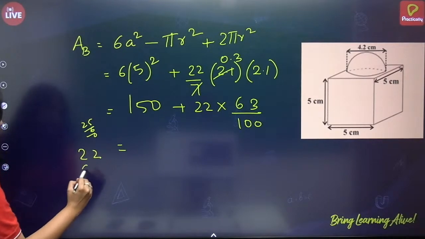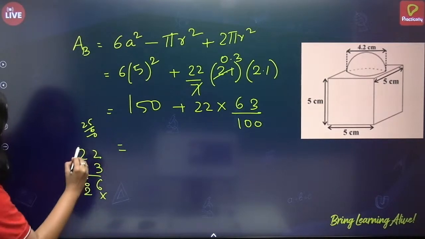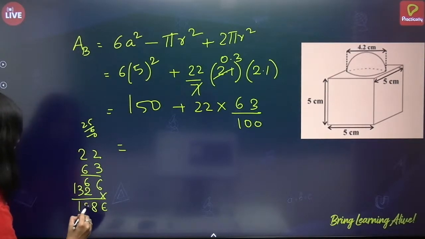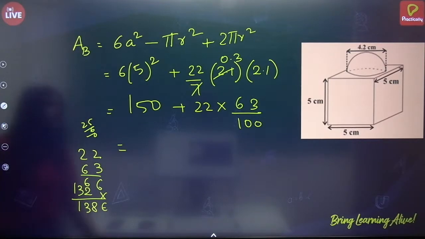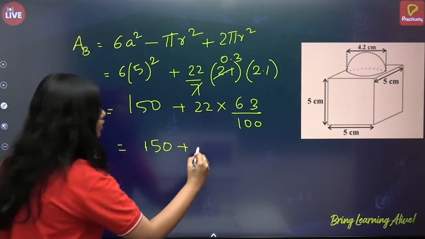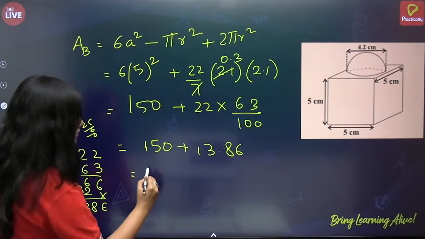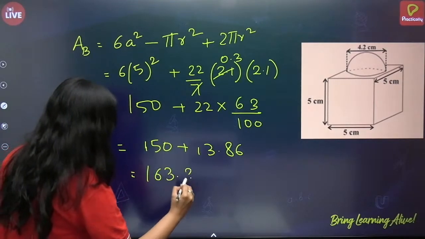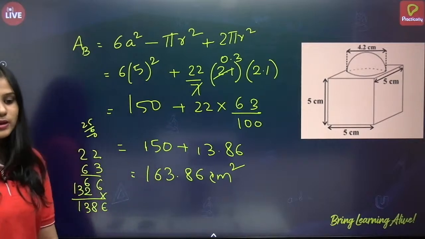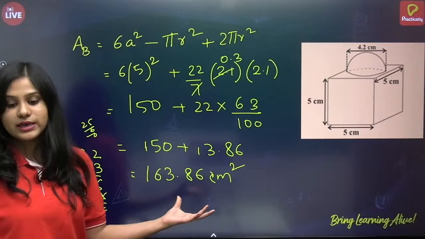Let us do it. 3 twos are 6. 3 twos are 6. 6 twos are 12. 6, 12, 13. 6, 6 plus 2, 8. 1386. So 150 plus 13.86. So what we'll get? 163.86 centimeter square. So just be sure with your calculations when you calculate, okay?